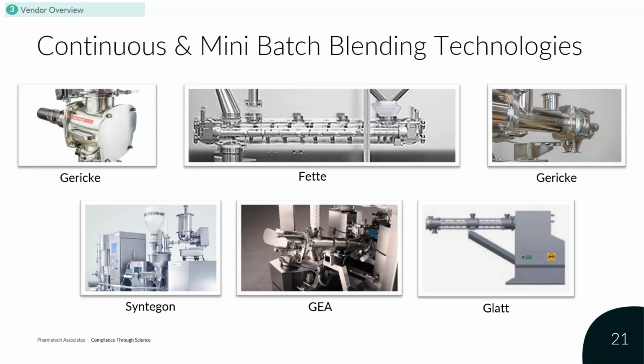Between these linear blenders, they can also be declined or vertical, and recently mini batch blending has become more and more prominent again. I talked about this before, whether something is continuous or semi-continuous.